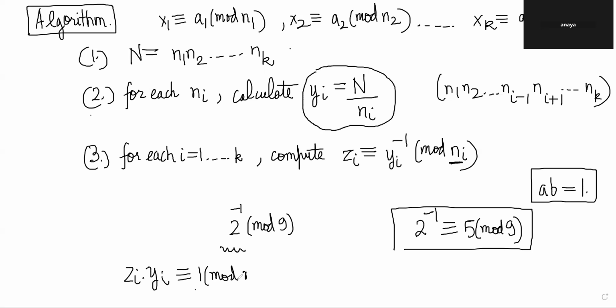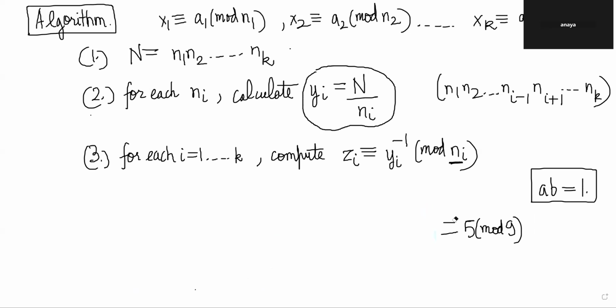And those Zi would be the inverses of Yi. I hope you understand this step. We will look at the process and do an example with the process, which should help us know what exactly to do.